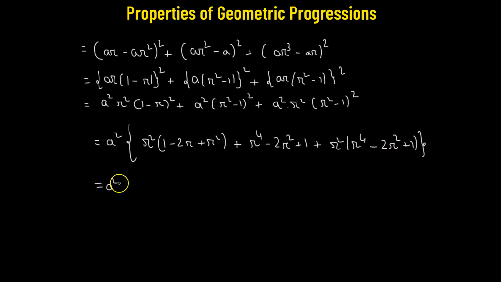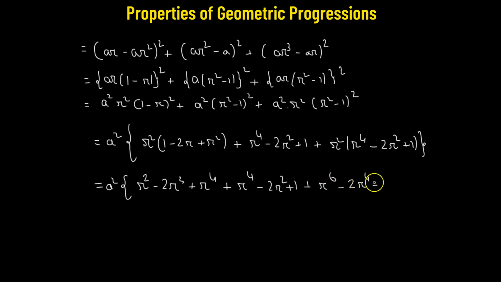Let's further simplify. So we have a squared multiplied by [r squared minus 2r cubed plus r raised to the power of 4, plus r raised to the power of 4 minus 2r squared plus 1, plus r raised to the power of 6 minus 2r raised to the power of 4 plus r squared]. Now here we have r raised to the power of 4 plus r raised to the power of 4, so this gets removed.